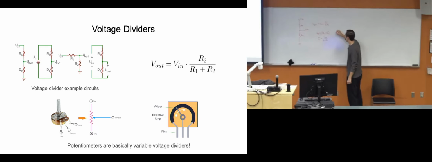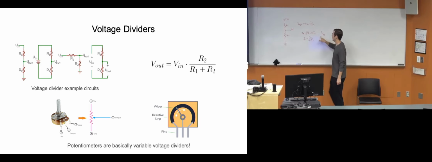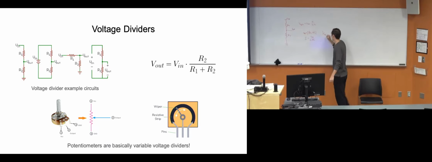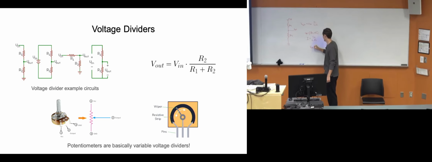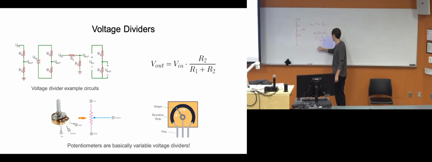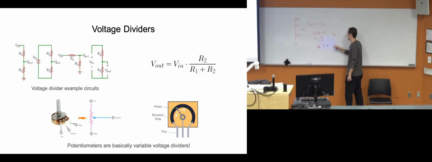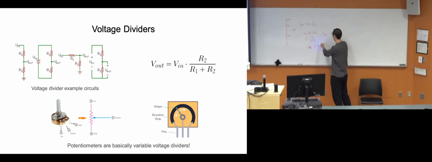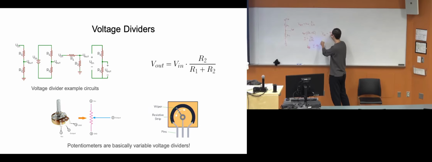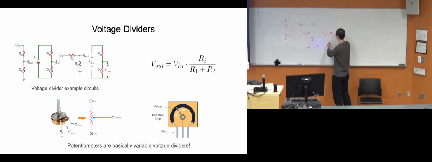So we can take the source voltage, and then we could subtract the voltage over just this resistor, right? And that is the current we found earlier times just R1. So we can plug that in here, and we have minus VDD over R1 plus R2 times R1.